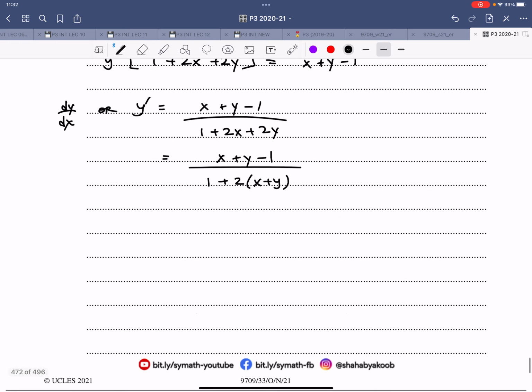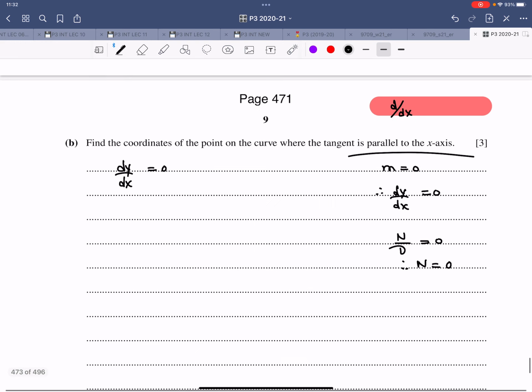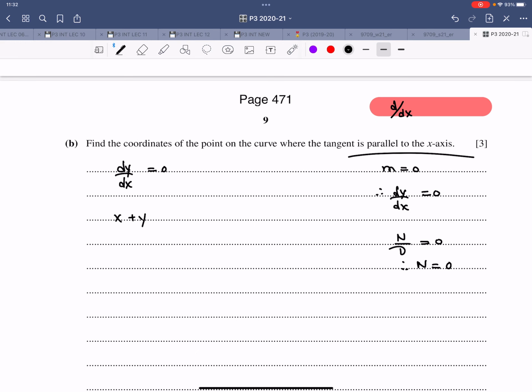What is the numerator? x plus y minus 1 equals 0. Therefore, you can make anything the subject. So, as it's parallel to the x-axis, y equals 1 minus x. That's the equation.